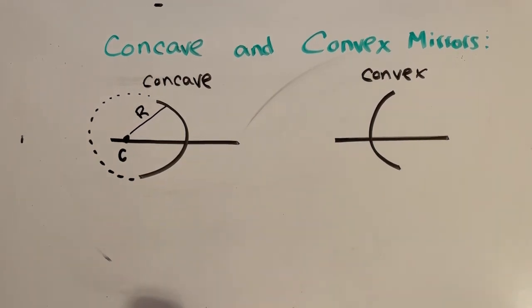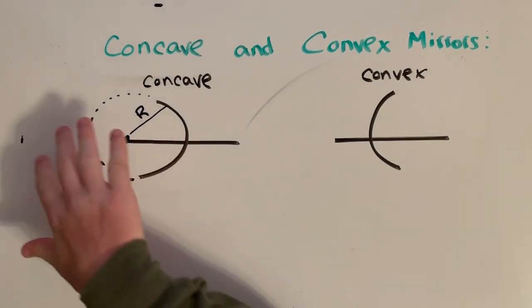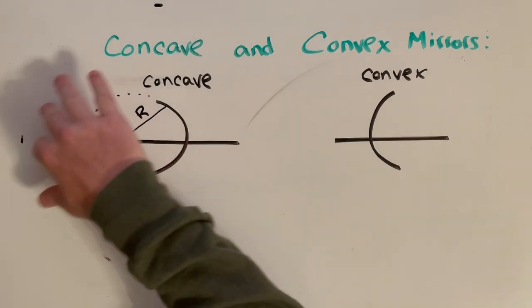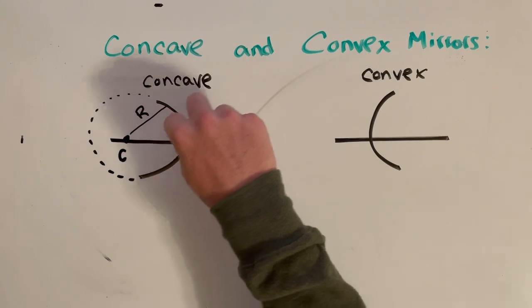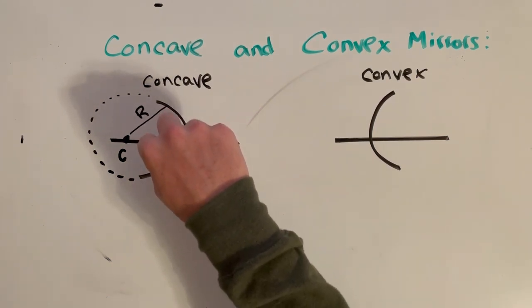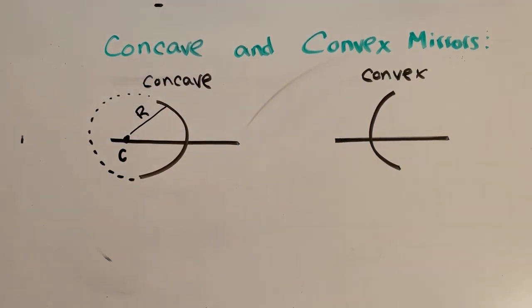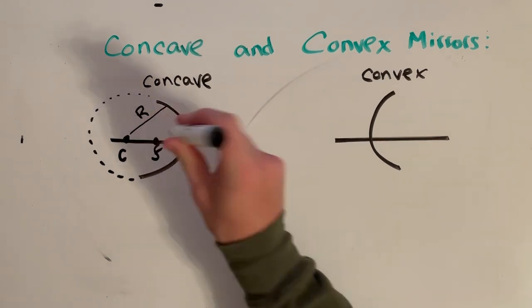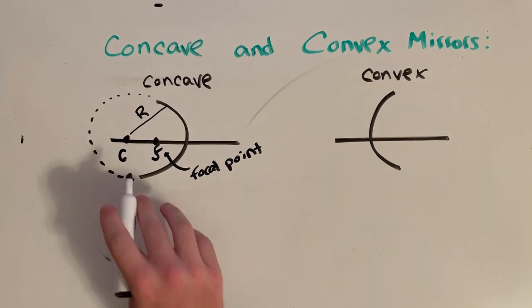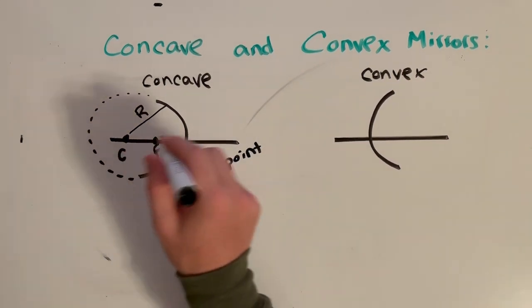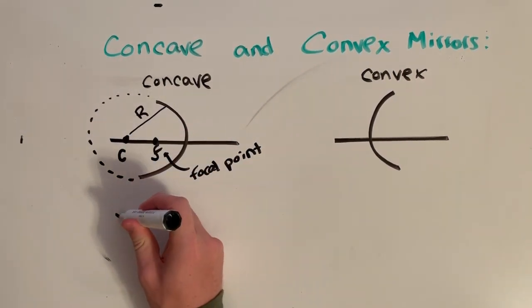When we have parallel beams of light rays that hit the mirror, they're all going to reflect off the mirror and converge at one point. This point we call the focal point. Now, the focal point, neatly, is just half the distance of the radius.